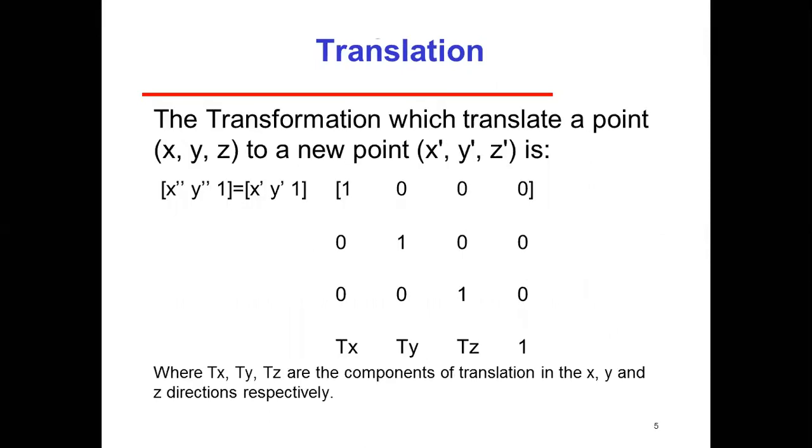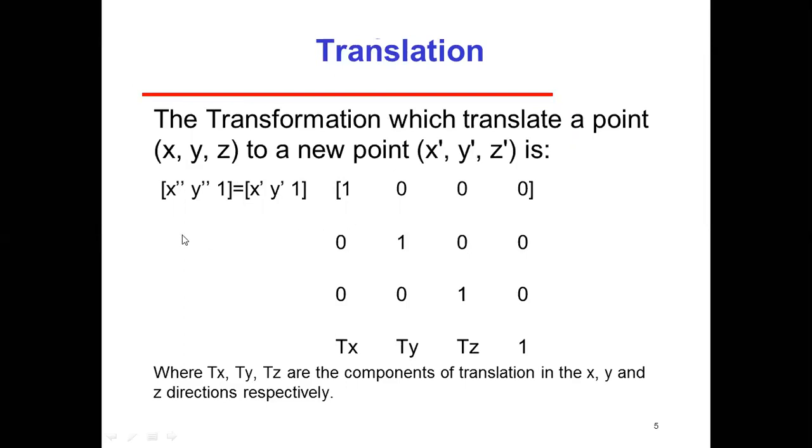Now, as we considered in the xy plane in 2D, consider the transformation which translates a point (x, y, z) to a new point (x', y', z'). The old point (x, y, z) is called the initial point, and the new point is (x', y', z').